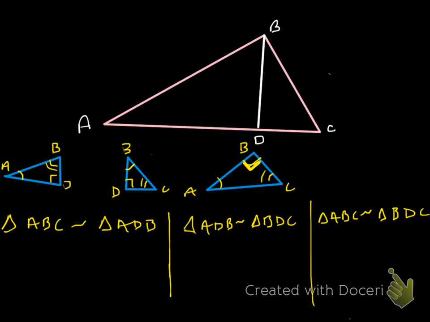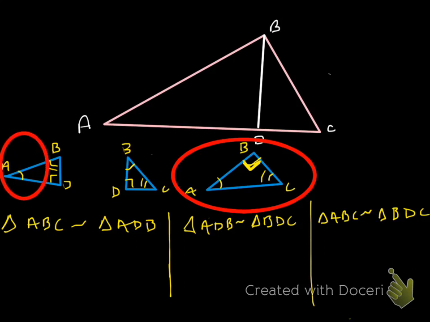Now, look at ABC and ADB, okay? So let's take a look at ABC and ADB. So we're looking at these two triangles right there. What side do they have in common?